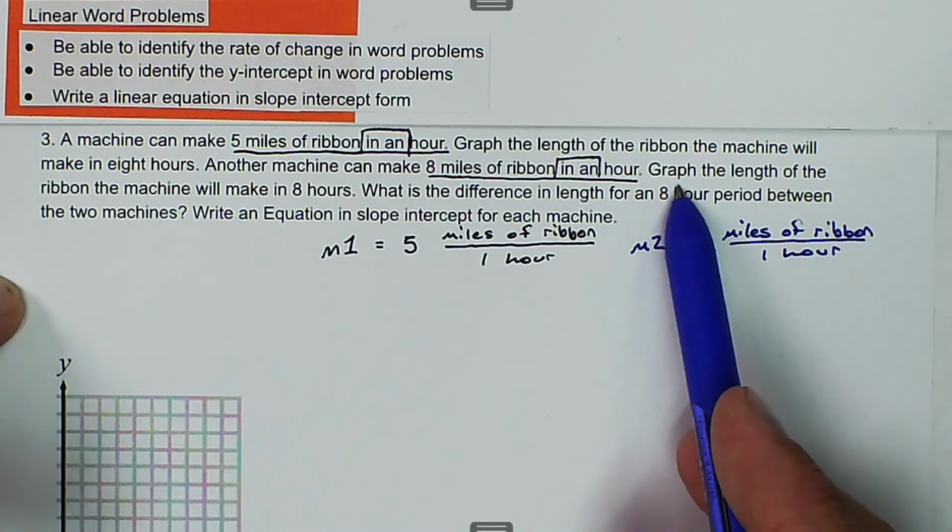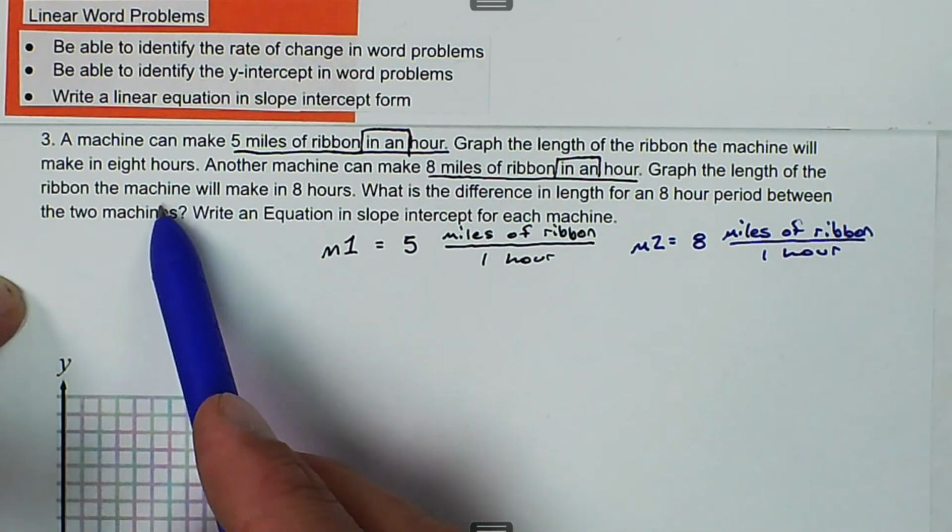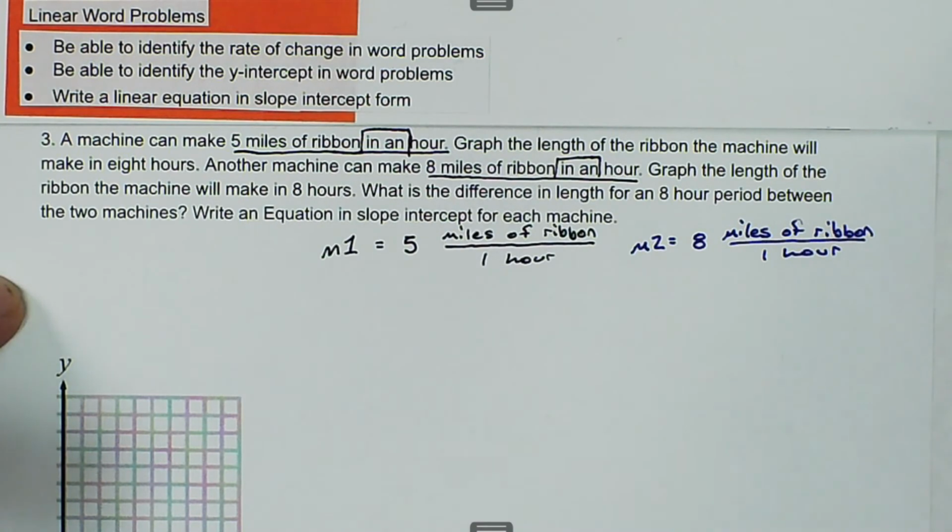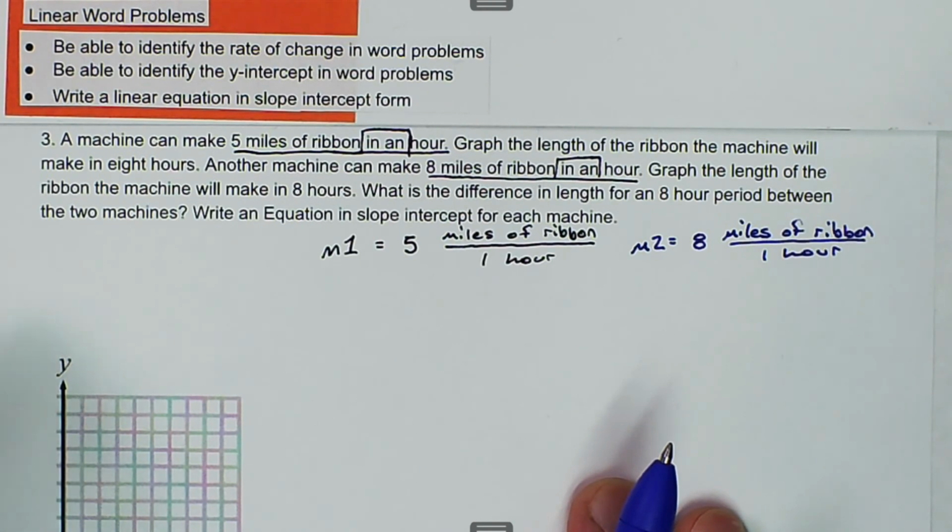So it says, graph the length of the ribbon the machine will make in 8 hours, and then find the difference. So we have the slopes, and we have all the information that we were given, except we want to find out how long it will be in 8 hours.